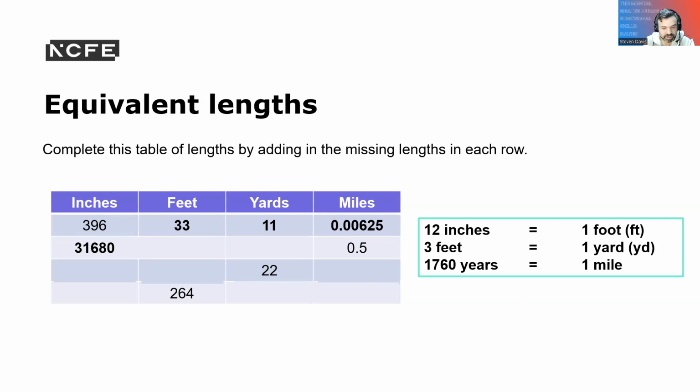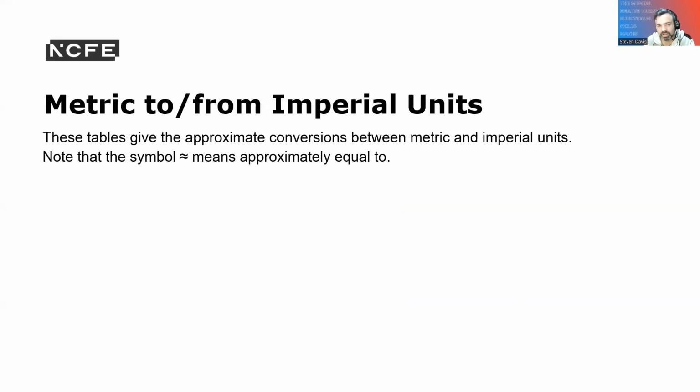You've got 31,680 inches, that's 2,640 feet, that's 880 yards, 0.5 miles. We've got 792 inches, 66 feet, 22 yards, 0.0125 miles, and then 3,168 inches is 264 feet. That's 88 yards and 0.05 miles.